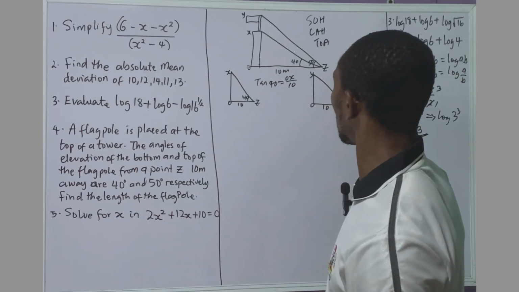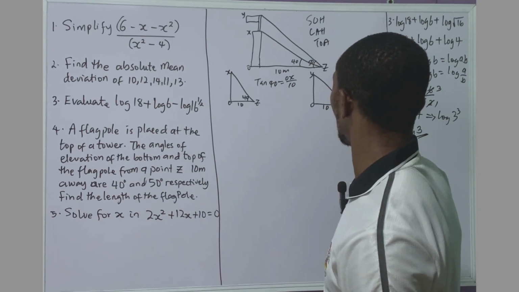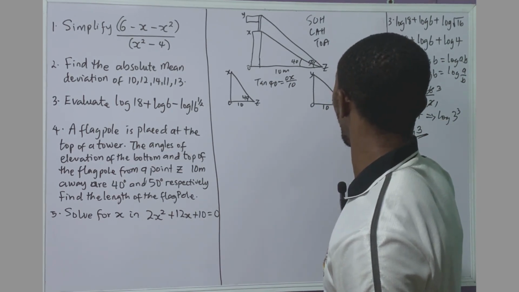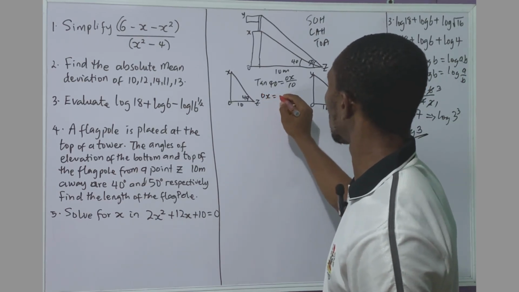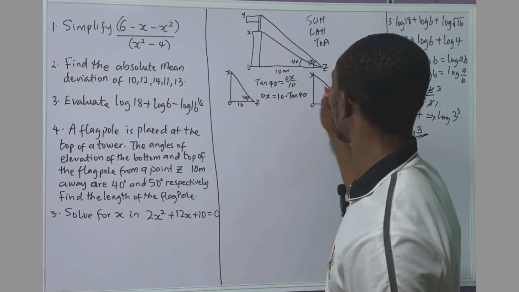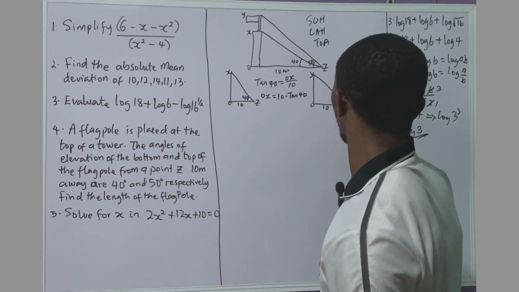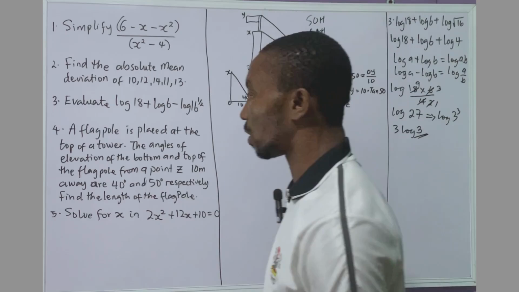And on the other hand, tan 50 equals OY over 10. So OX equals 10 times tan 40, and OY equals 10 times tan 50.